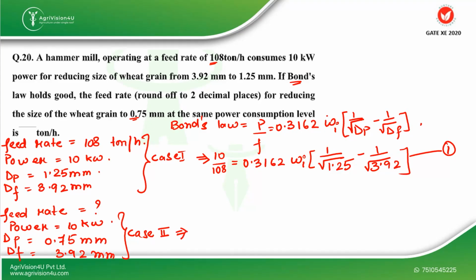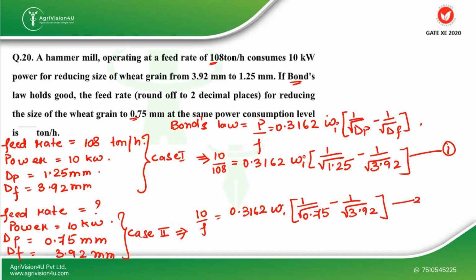For case 2, 10 by F we have to calculate. So 0.3162 Wi times (1 by root over 0.75 minus 1 by root over 3.92), like equation 2. So we just have to divide 1 by 2.